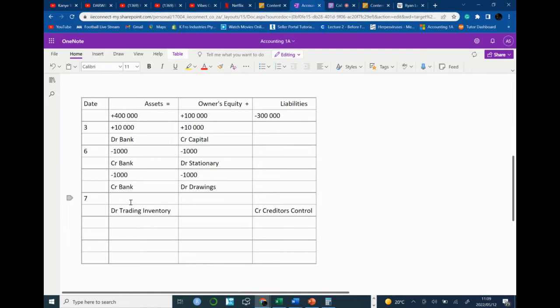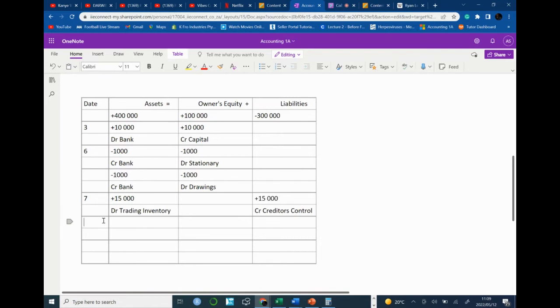For 15,000. Here it's a positive 15,000 because our inventory is increasing, and here we have a positive 15,000 because we owe more liabilities.